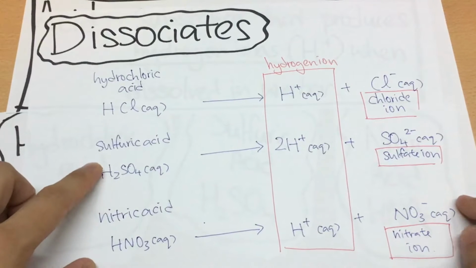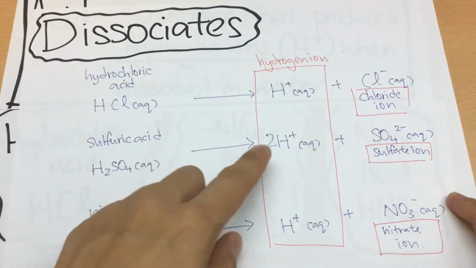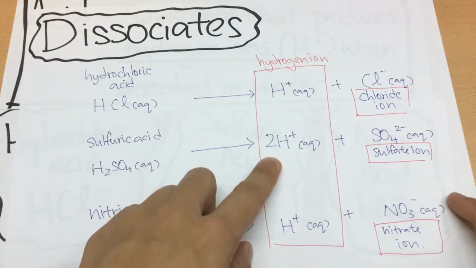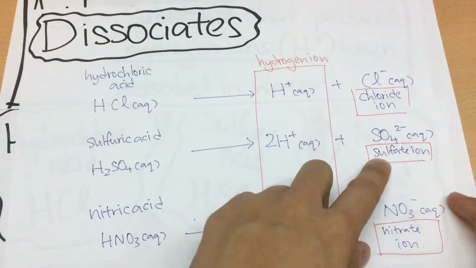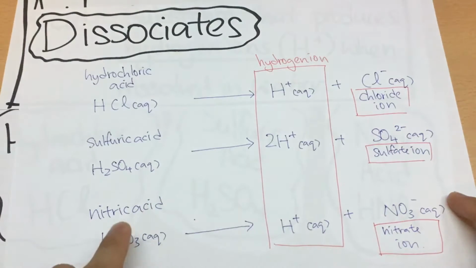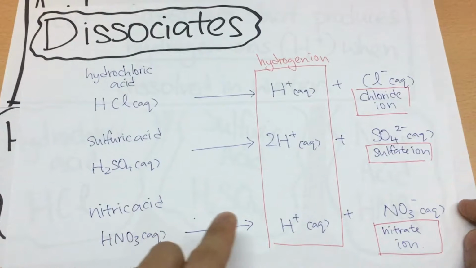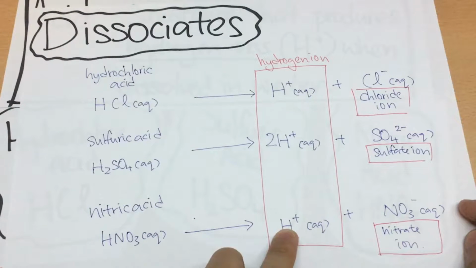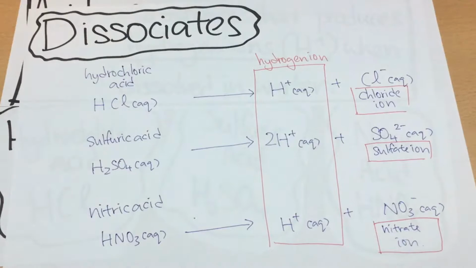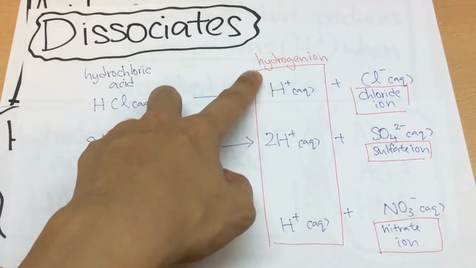Sulfuric acid will dissociate to form hydrogen ion and sulfate ion when dissolved in water, while nitric acid will dissociate to form hydrogen ion and nitrate ion. As we can see, all acids will produce hydrogen ions when dissolved in water.